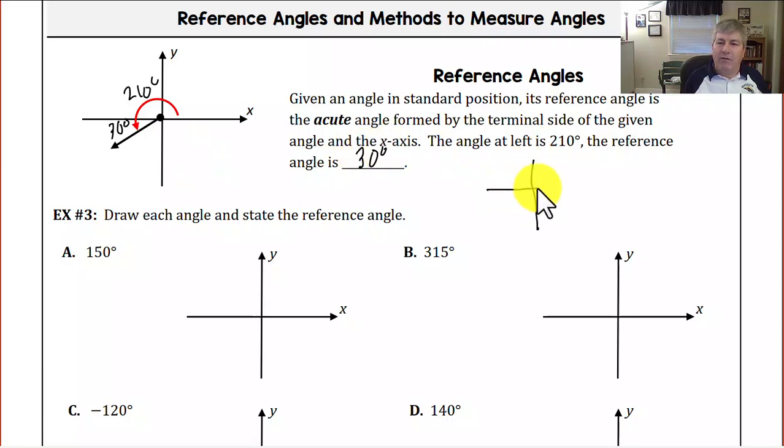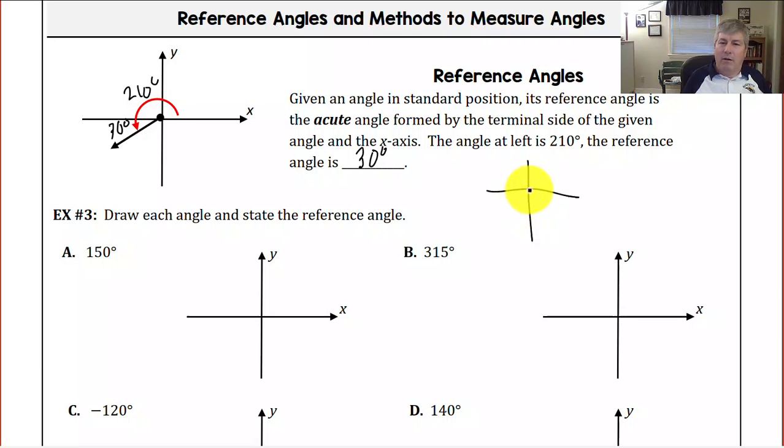So our reference angle will always be the angle between the x-axis and the terminal side. So it doesn't matter which direction we go. If we're on the negative x-axis, our reference angle, even though we're rotating in a negative direction, could be like 45 degrees here. Okay. That might be hard to see on the video, but our reference angle is always squeezed between the x-axis and the terminal side.